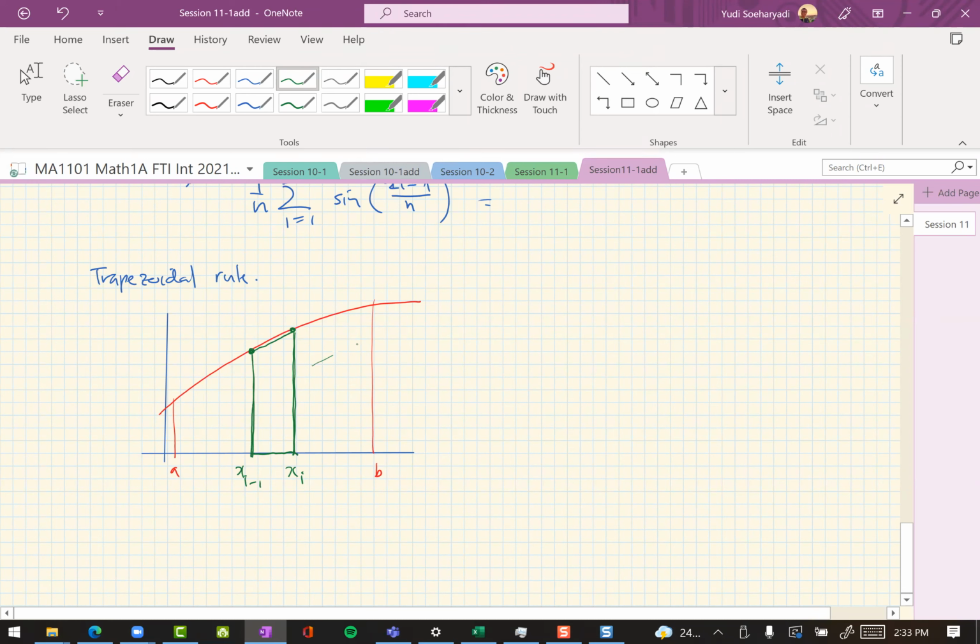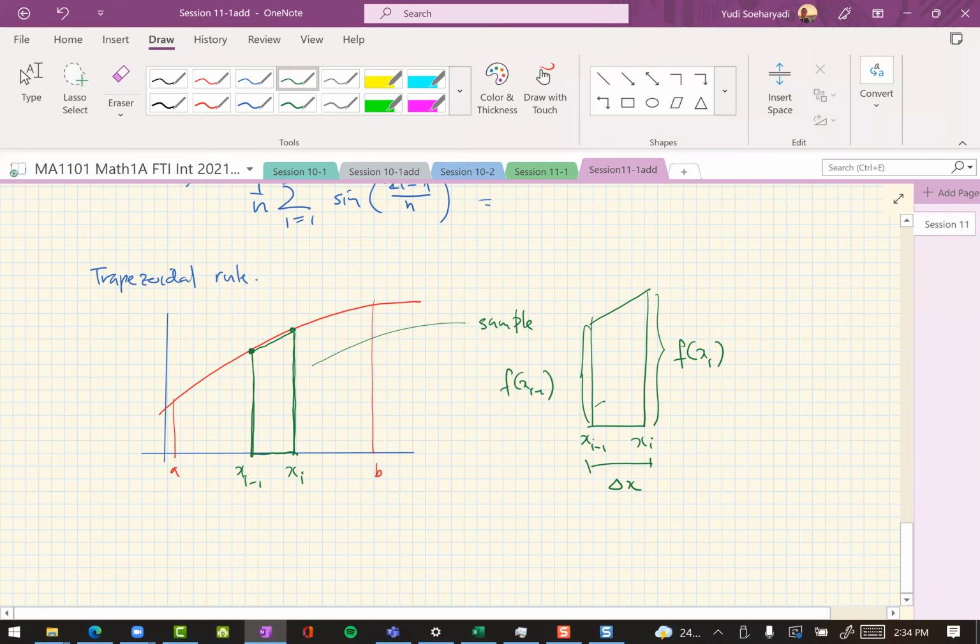So this is a sample, x_{i-1}, x_i. The length is delta x. The length of this one is f of x_i, and this is f of x_{i-1}.